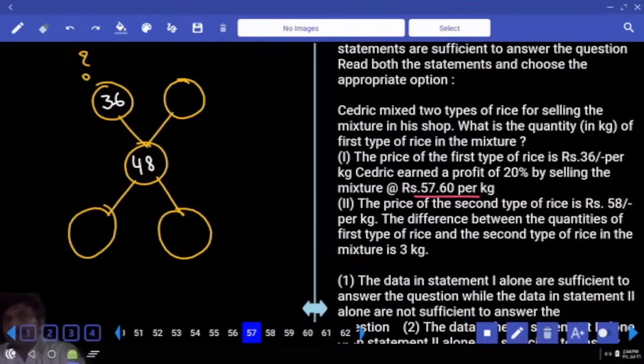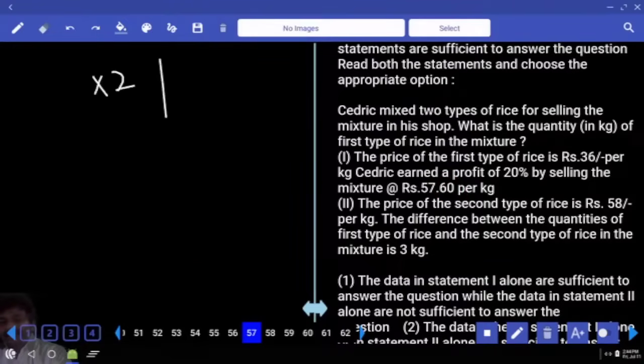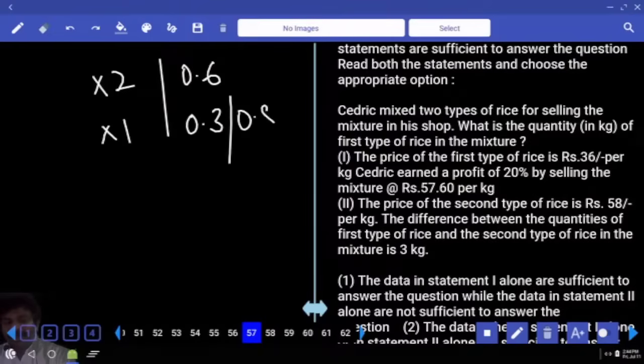What is the profit percent used? 20% is ending with 60. Then 10% may end with 3 or 8. 2 times 0.6 ends with 0.6, so 1 time should end with either 0.3 or 0.8.